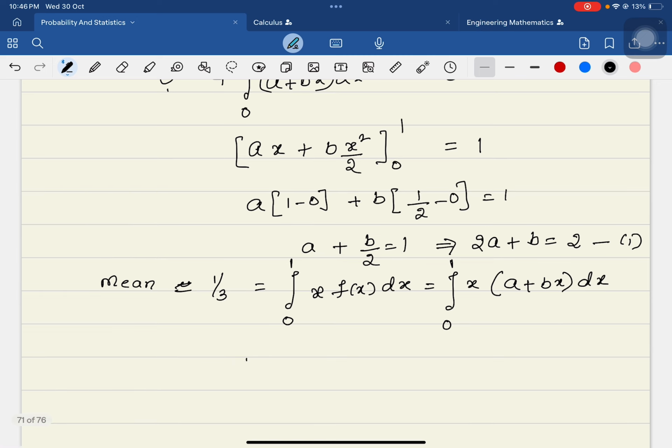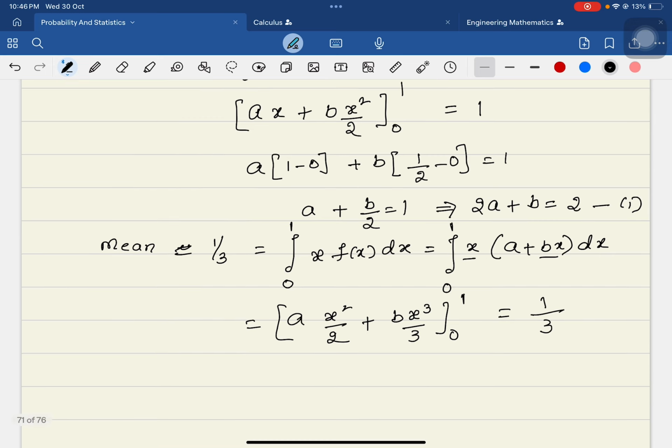Now what does it give you? The integral of x into a gives a times x square by 2, plus, when I multiply bx with x, it is bx square, and the integral of that is bx cube by 3. Now apply the limits from 0 to 1, and the value of this whole integral is 1 by 3. That is the mean he has given you.